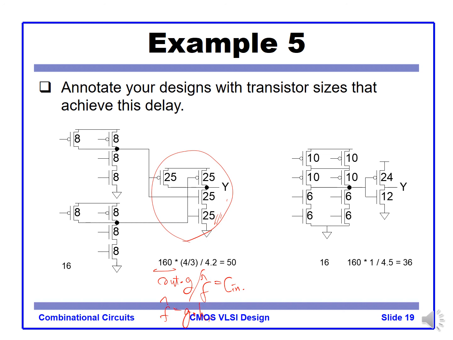Using that information, we can calculate the input capacitance, that is 50. So for the NAND gate, we know that 1:1 PN ratio, so 50 is equally spread, 25 and 25. Once we found this number, we know that the load for the first stage becomes 50. So we do a similar derivation for the first stage.